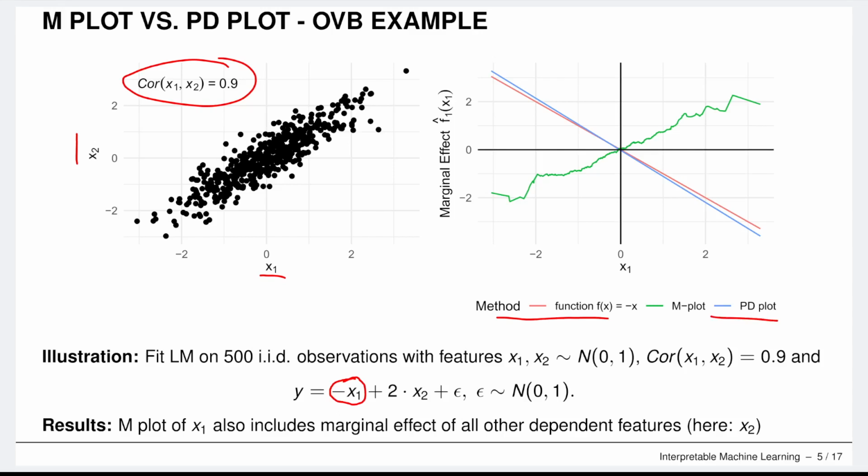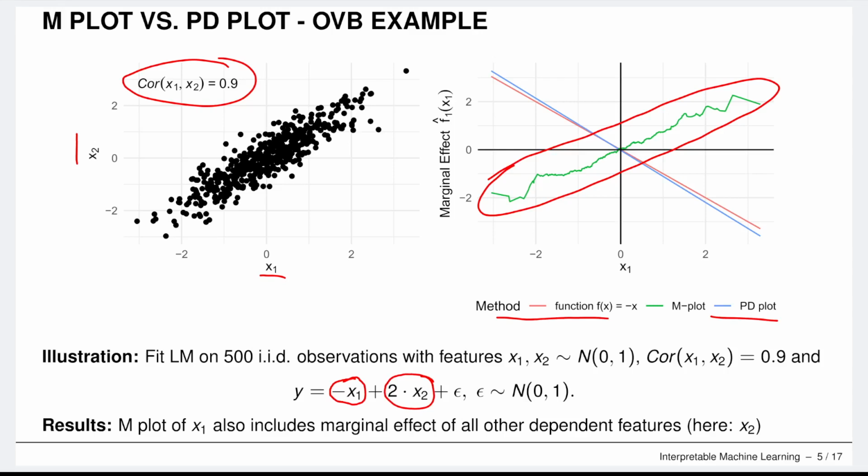Now, looking at the M-plot, which is based on using the conditional distribution, results in an issue. We see a completely different curve here, and the reason is that it takes into account the effect of the second feature. So the effect of the second feature and the first feature are summed up.